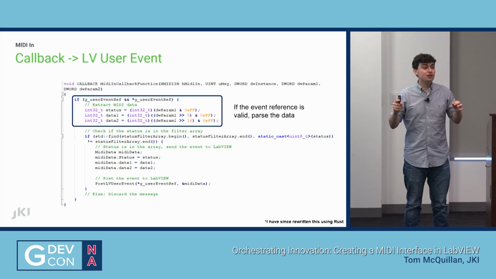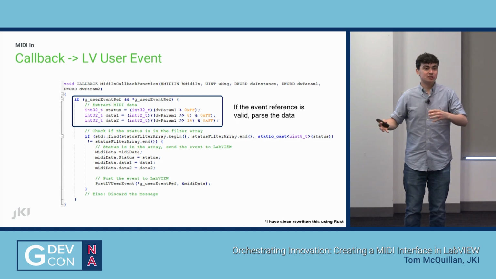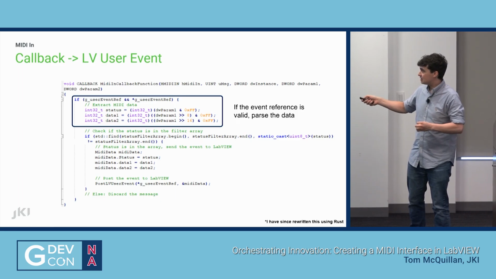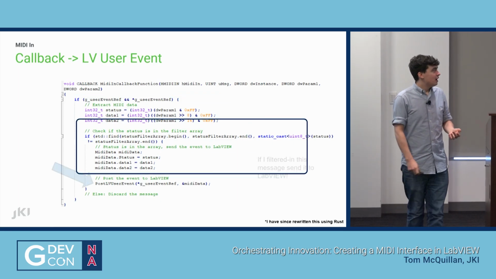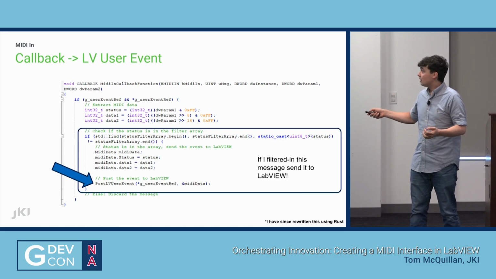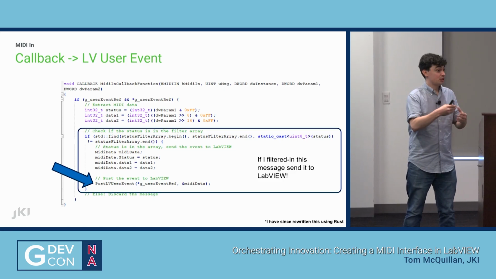The first thing I do is, if this reference is valid, move on to the next step. If it's valid, I'm going to look at the data, parse the data into the status, data 1, data 2, that I can use later on in the code. And if that all works okay, I check, is that user event one of the ones I wanted?